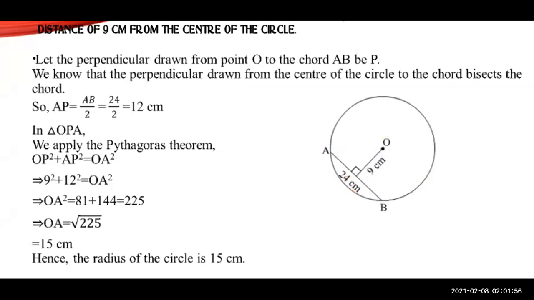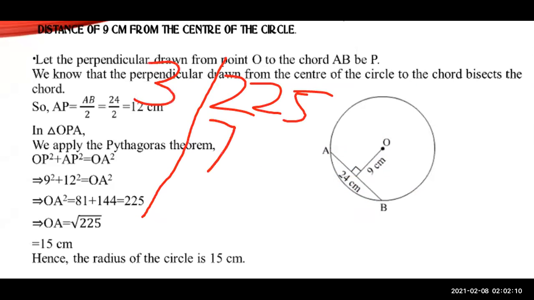I will show you how the square root of 225 comes. See here, 225. It will start with the table of 5, or else it will start with the table of 3 also. 3 sevens are 21, 1 carry. 3 fives are 15.